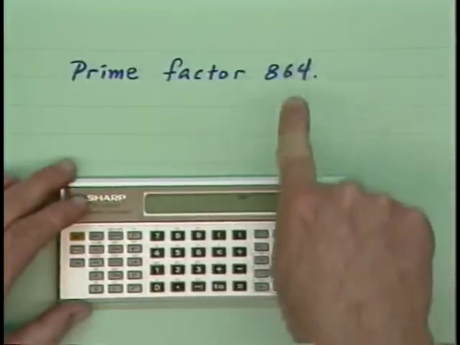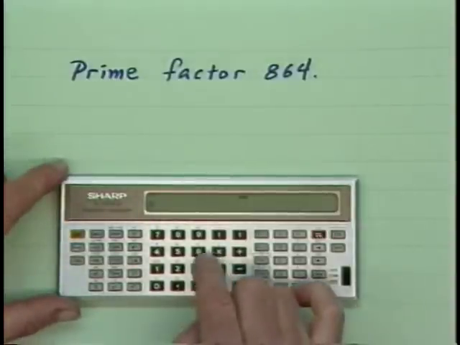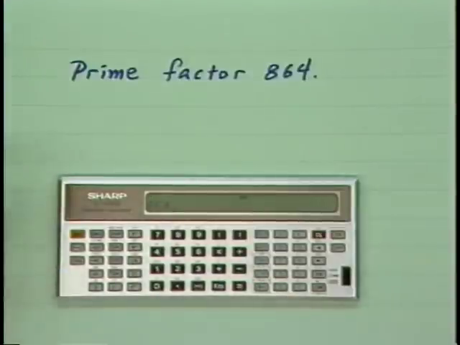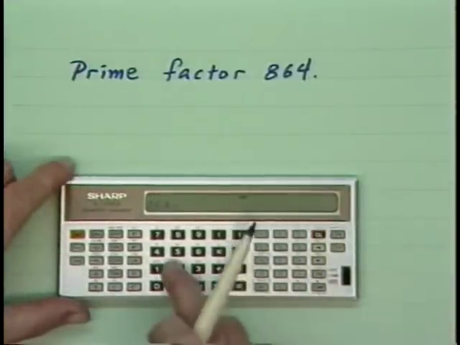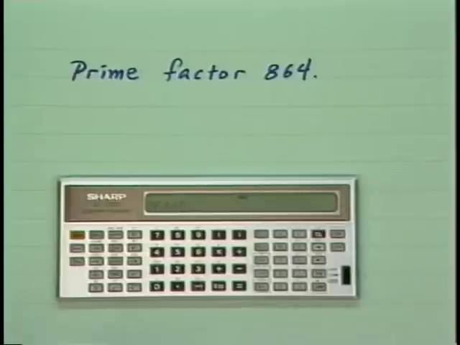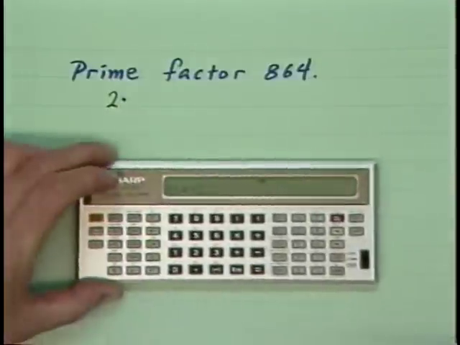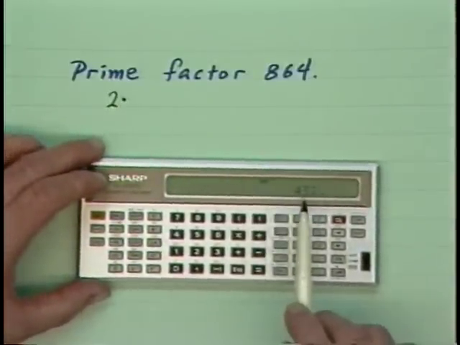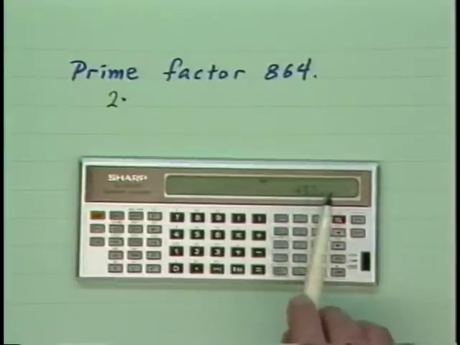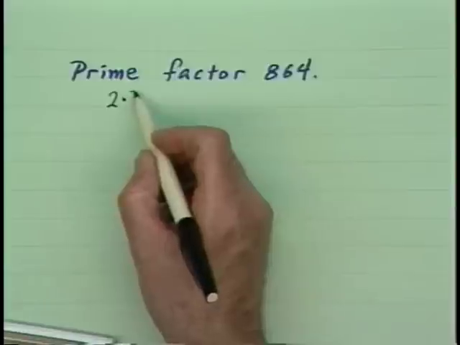First, even though I can see a 2 will go into it, I will enter the 564. Then I will divide by 2. You might say, why? You know it'll go in, because I know that 2 is one of my factors, and by dividing it by 2, I get the next smaller quotient, or the next factor, which I can also see divides by another 2.